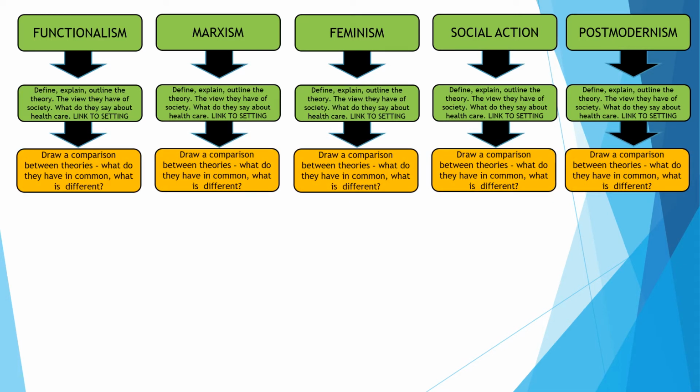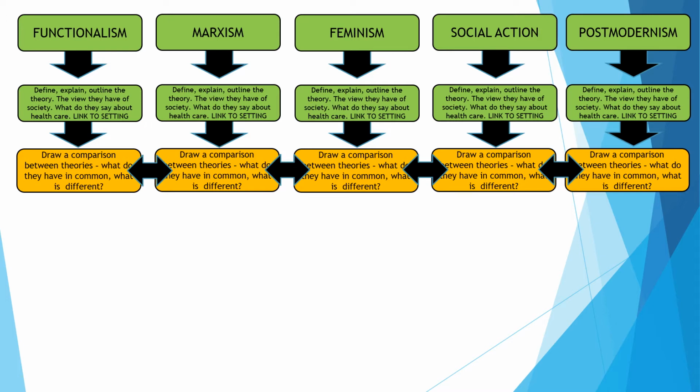Now, if you want to push it into the merit, you could start off by drawing comparisons between the theories. So how are these theories similar and different from one another? And that could be a very brief sentence when you're opening the theory, once you've talked about the theory's views of healthcare. So it might be talking about Marxism, and then you could say, well, it's similar to functionalism and feminism because it's a structural theory.